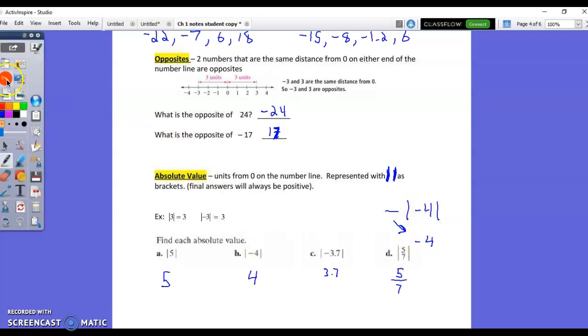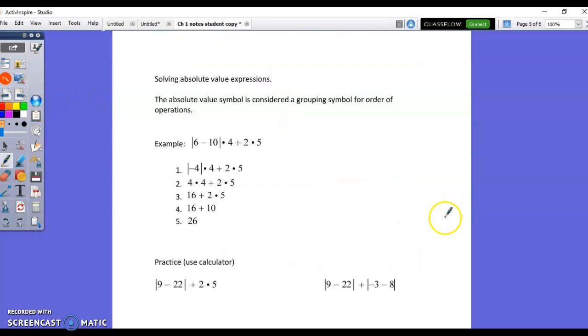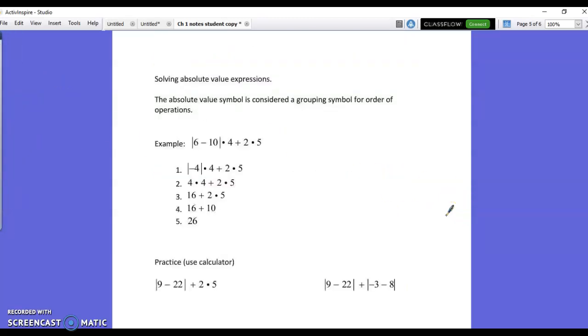As we start to do more problems with expressions, we have to treat these as a grouping symbol, and we will do more practice with absolute values in the next section, but this is just a quick overview of what that means. In this particular problem, we would have 6 minus 10, so that would be -4, and it's still your order of operations, so that's done first.